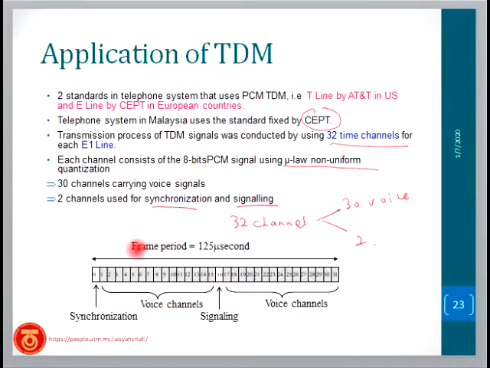The frame period T is 125 microseconds. Channel 0 is usually for synchronization, then 1 to 15 are voice channels, then 16 is the signaling, and then it continues with the voice signal.